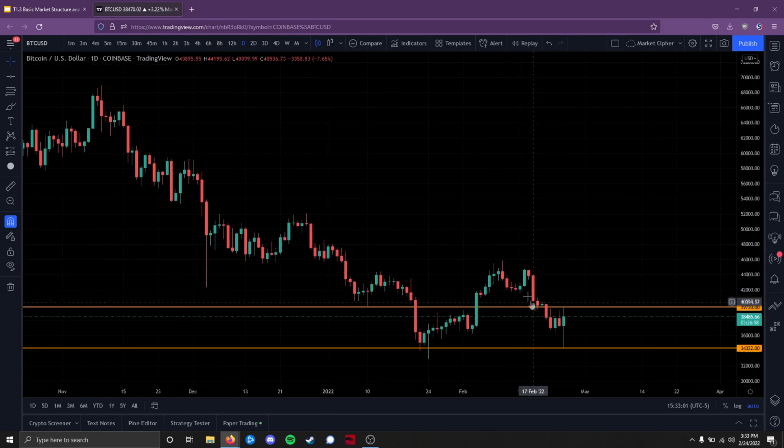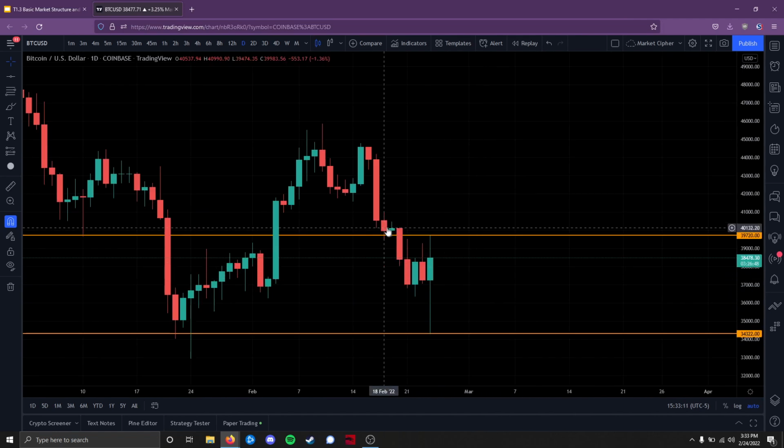We see a significant level of support here. As price came down and touched, it almost looks like price action slowed down, because look at the size of these candles, very small sizes, generally indicating that there was a slowdown in that momentum and volatility as price reached this bottom level.